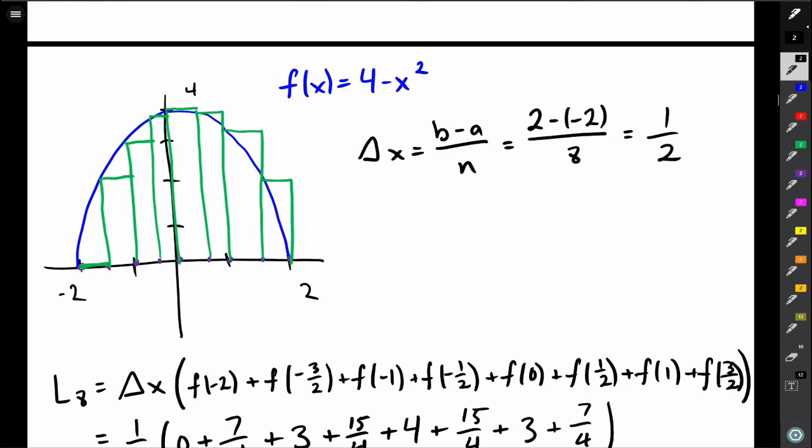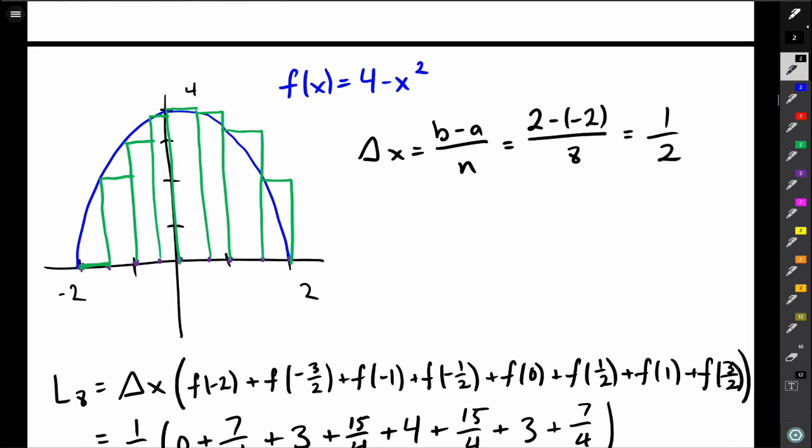Now, the thinner and thinner that we make these rectangles, the more these gaps get carved out, the more these overestimates get carved away, and we get closer and closer to the actual area.